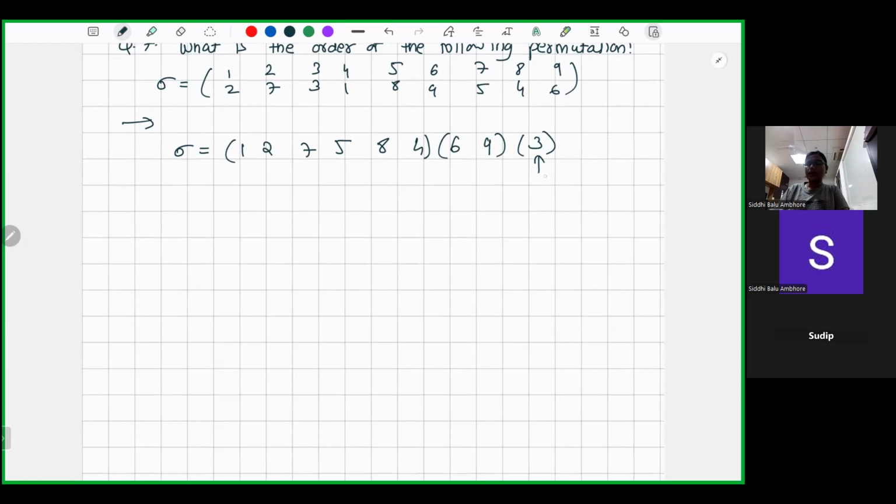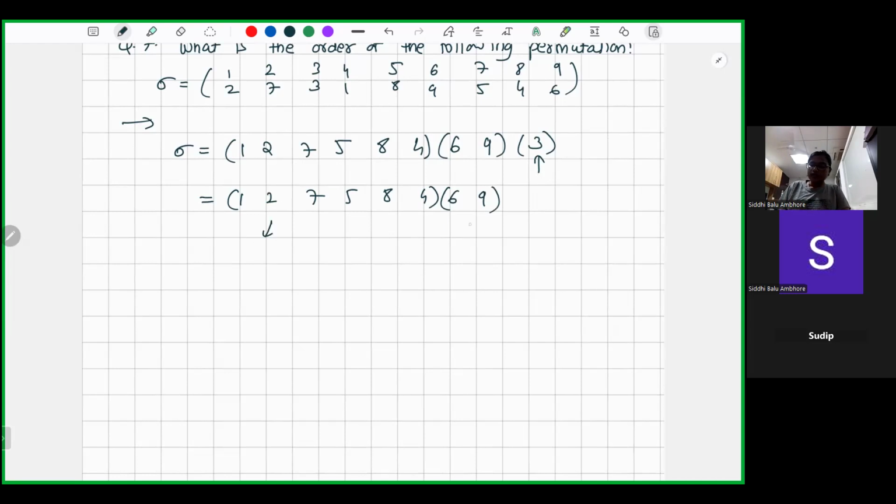When I say that 3 is fixed, what this means is that we can just omit this 3, and I will have this cycle (1 2 7 5 8 4) and (6 9). This is just the same cycle form. This does not change anything.